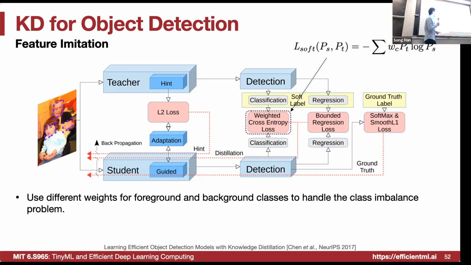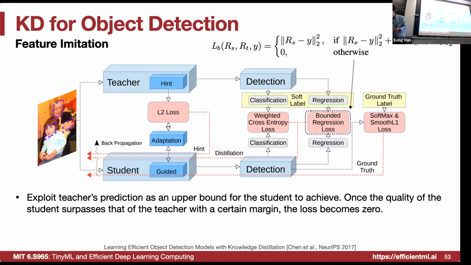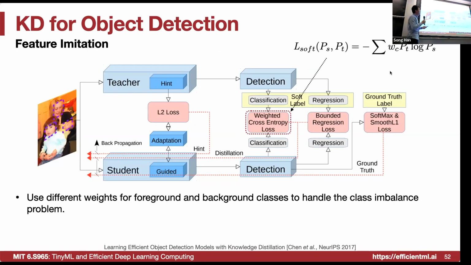Here the detection head gives both the classification and the regression, for the class and also the bounding box. Classification provides the class, and the regression gives the bounding box, right? For the classification, let me move away my zoom so that you can see the equations here. We use different weights for foreground and background to handle the class imbalance problem.